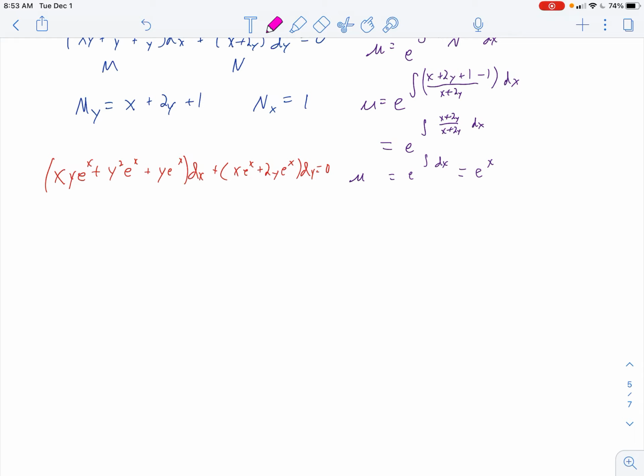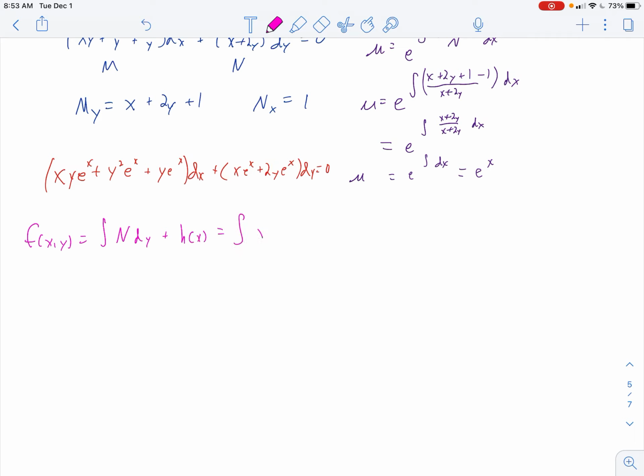Our f of x, y is equal to, and let's just work with the one on the right because there's less stuff. So we take the integral of N this time with respect to y, plus h of x.